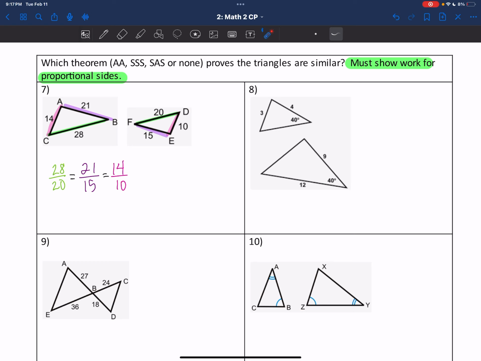So on number 7, if it only gives you sides, I'm wondering, is it side, side, side? If it is, you have to set up a proportion.